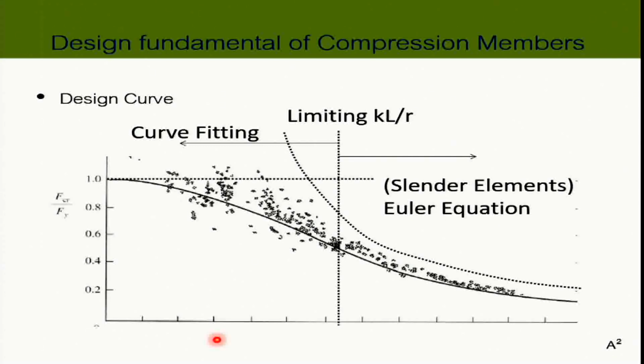In other words, if you look at this side, the column is so slender that when we apply not so much load, the column becomes unstable very quickly. So it becomes unstable very quickly, it goes off, we take the load off, it goes back to its original position, because the buckling behavior in this region is elastic.